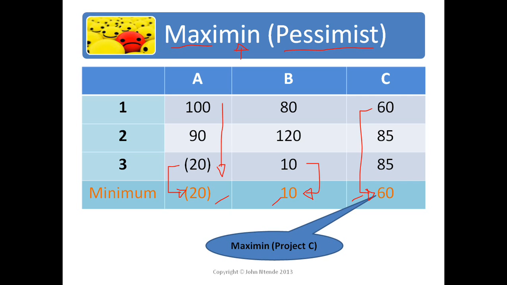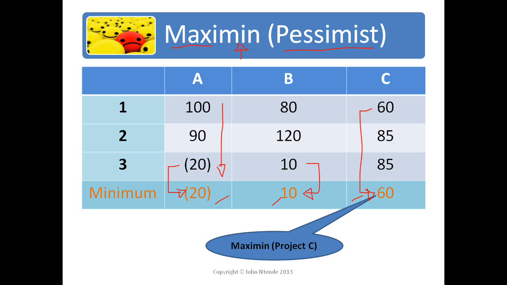So how would this come out in an exam? They would give you a long scenario and would expect you to come up with a payoff table. Once you come up with a payoff table, they will tell you to choose the best project using the different criteria, for instance, in this case, Maximin. You would do this. Then eventually they will tell you to talk about Maximin, what it is, where it is used, and what the risk attitude is.